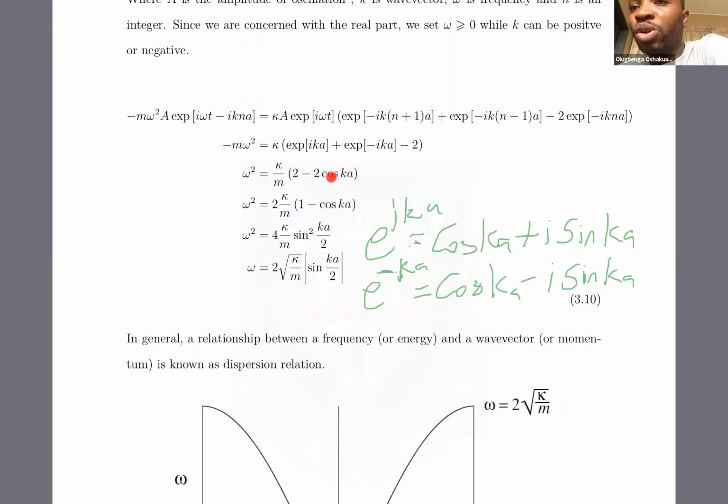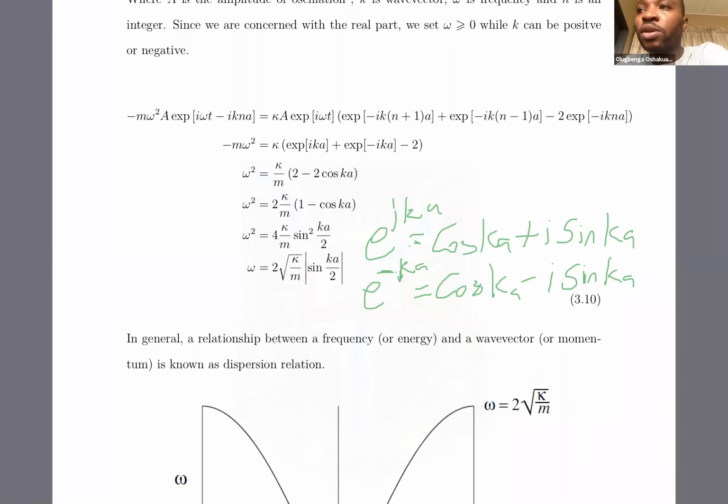And working around this 2 minus 2 cos ka, when you take it to trigonometry, 1 minus cos ka is as good as, is that not this sine square? Okay, I think let's try to derive something.